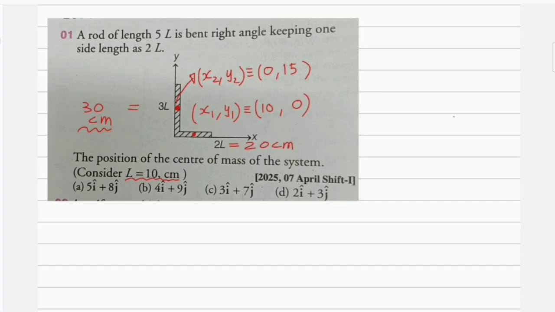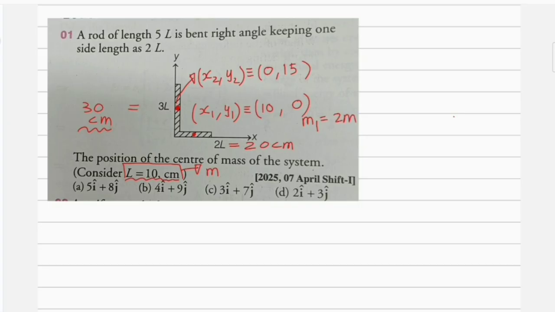Clear? What about masses? The horizontal rod mass will be m1. Students, can you tell me how much m1 will be? Length is 10 centimeter. Let me assume for this length of 10 centimeter, the mass is m. So for this 20 centimeter, the mass will be 2m.